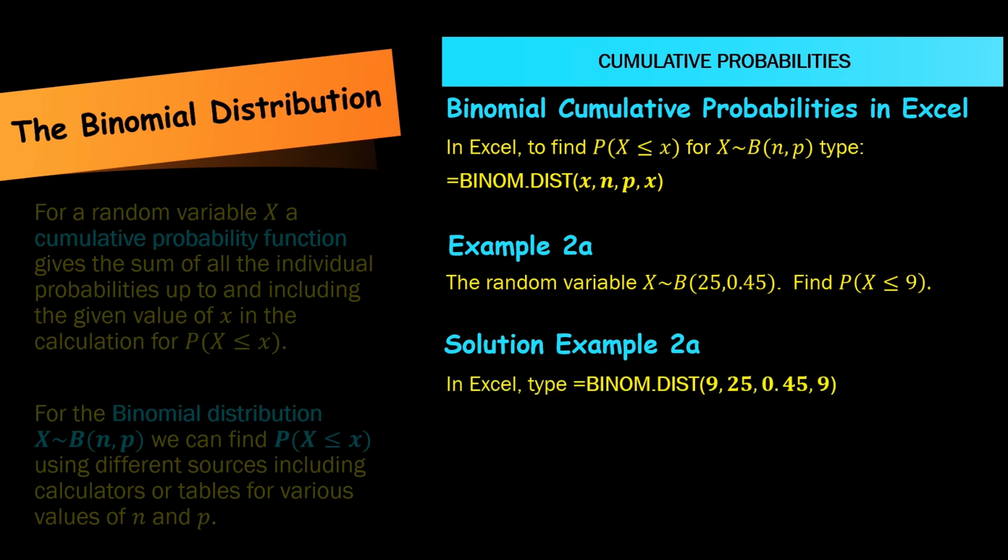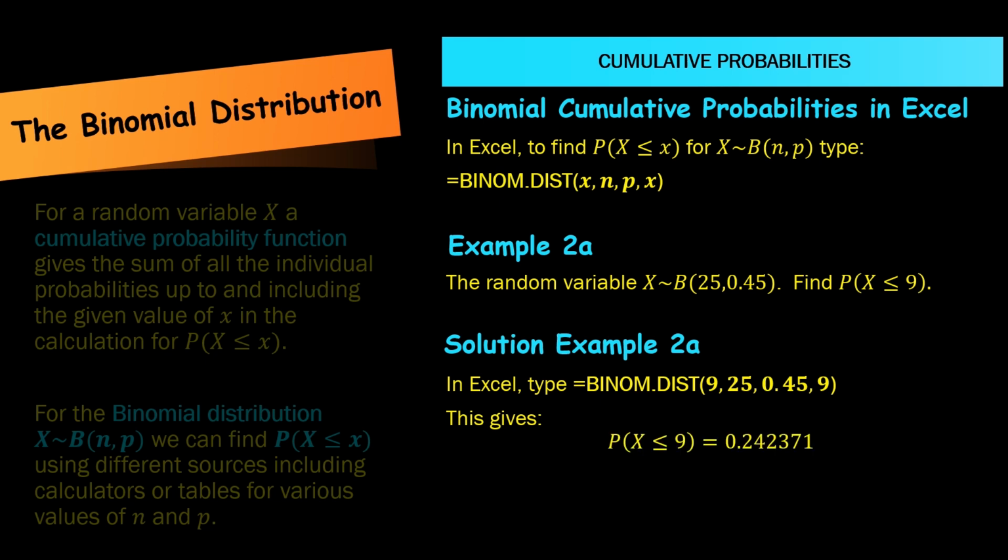Again, in Excel, type equals binom.dist and then open bracket and then plug in the relevant values for this example. So here we have x equals 9, here we have n equals 25, and here we have p equals 0.45.